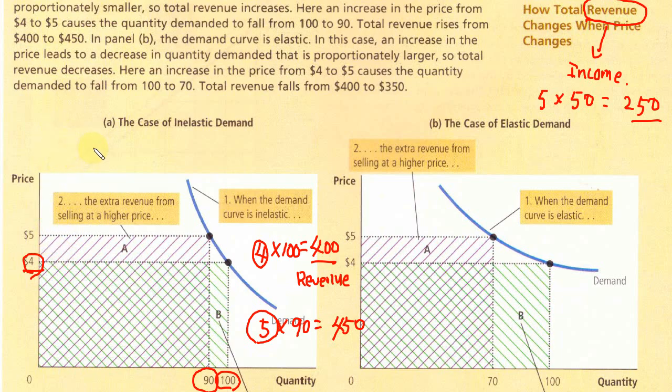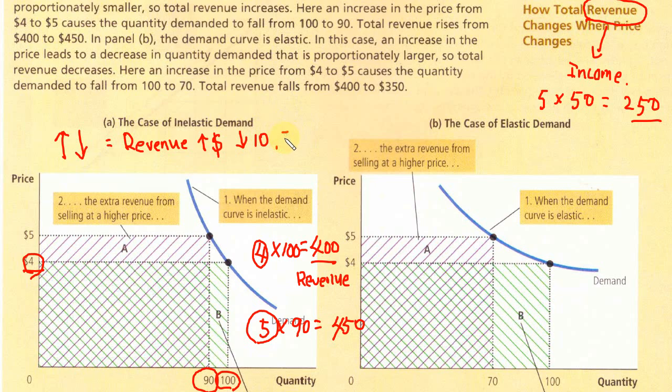Then you increased $1. According to economic theory, if the price increases, demand decreases. But the increased price can cover the decreased quantity. You might have more revenue. Even though you have increased $1, you have decreased 10 quantity, okay?